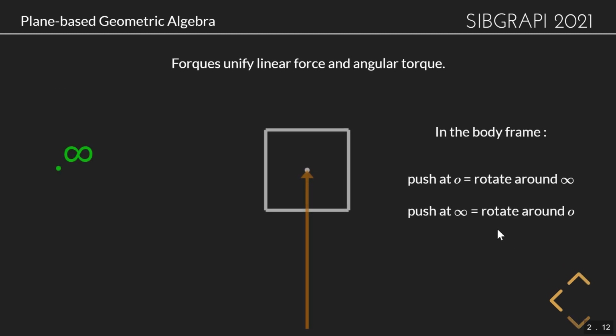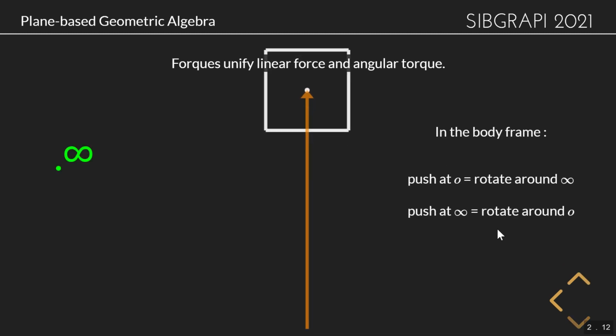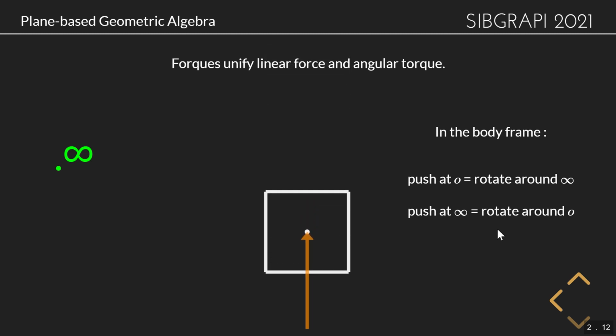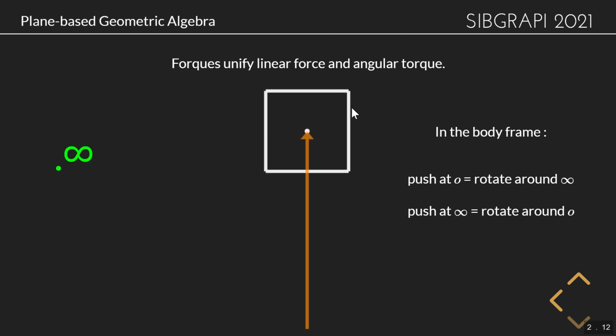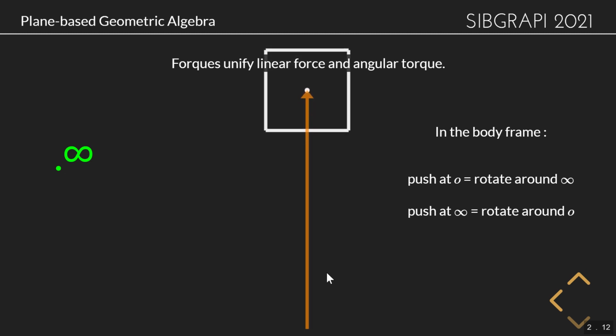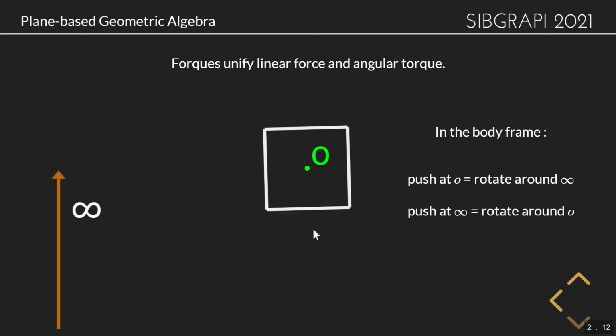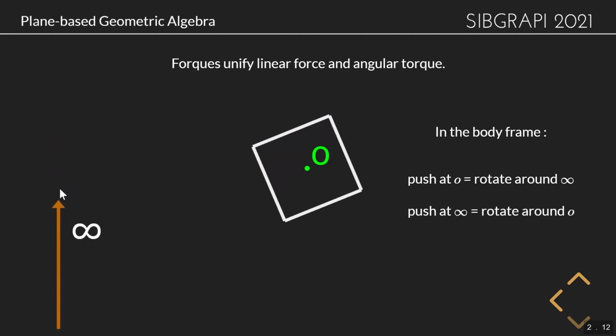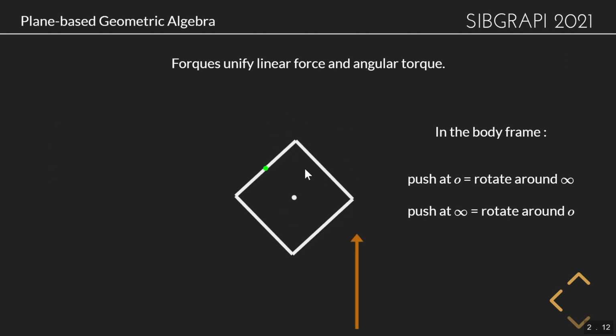So classically, forces are those things that generate linear motion, and torques are those things that generate angular motion. Now, when we look at what it looks like in PGA, it looks like this. So if we push a box at its center of mass, then we cause a translation. If we push it at infinity, we actually cause a rotation.